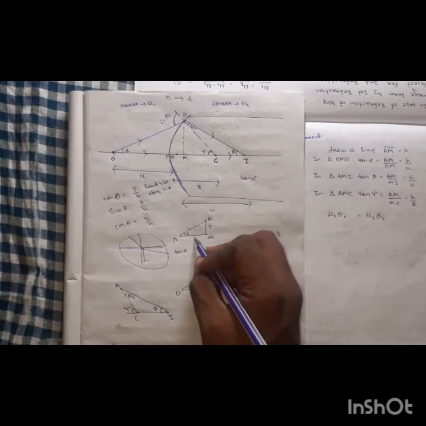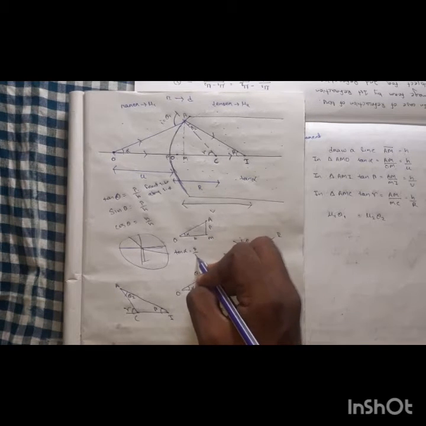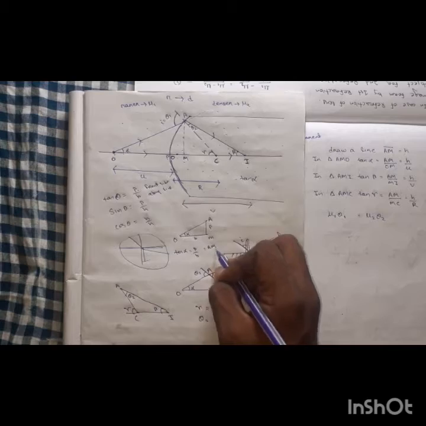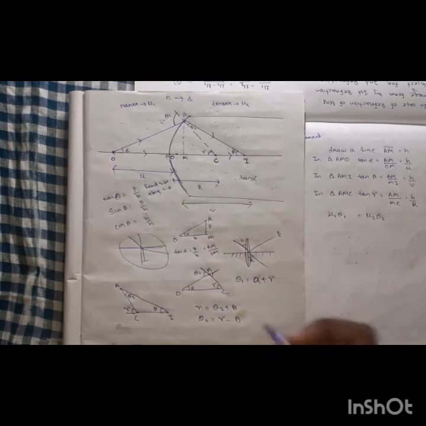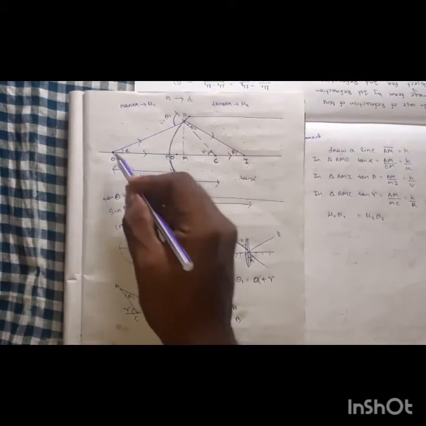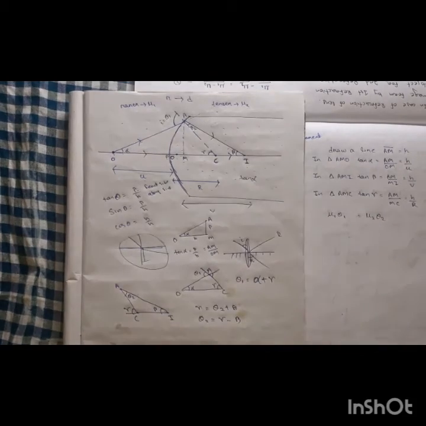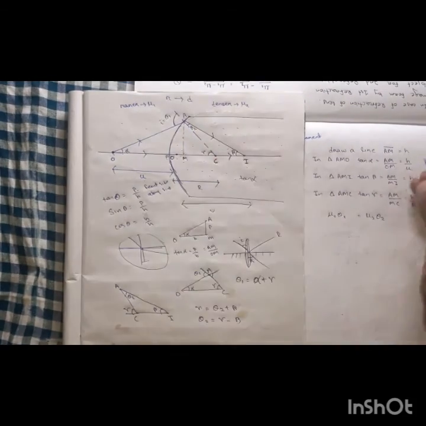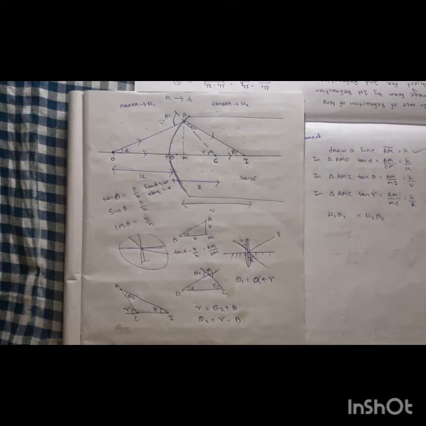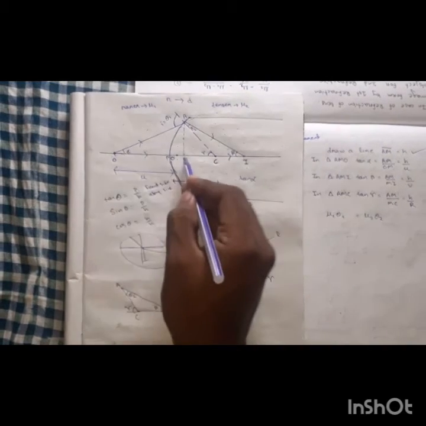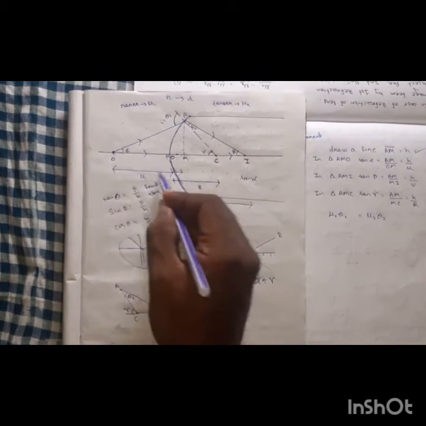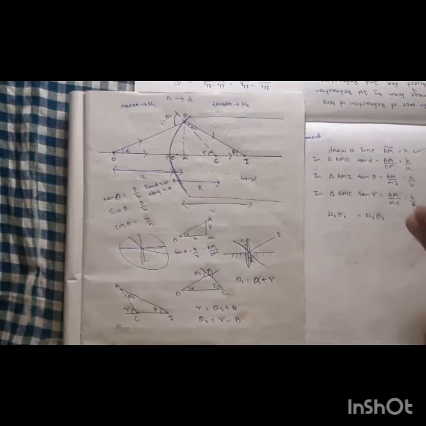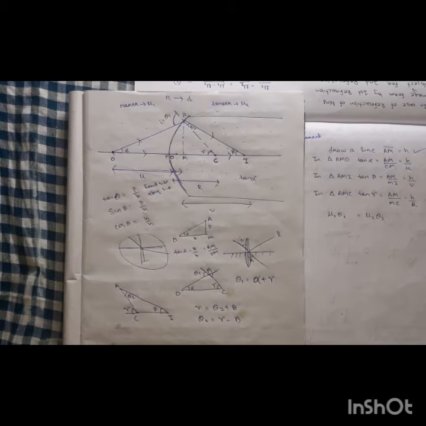It is the P, it is the B, P by B, that means AM by OM. Consider this height AM equal to H, and we know OM is the object distance U, then tan alpha equal to H by U. Understand?